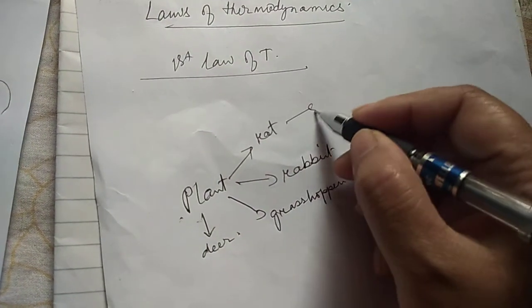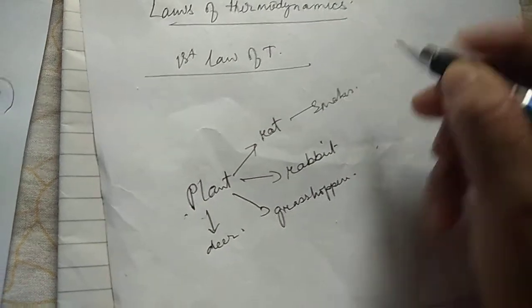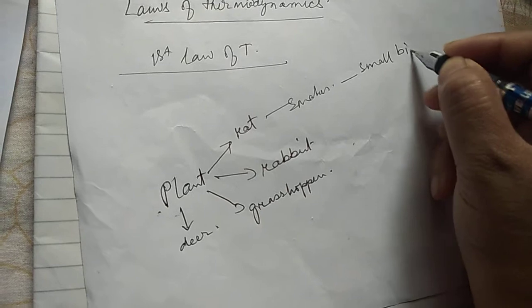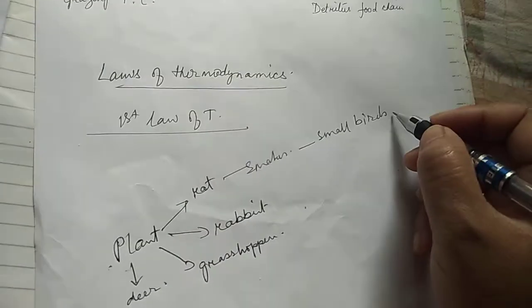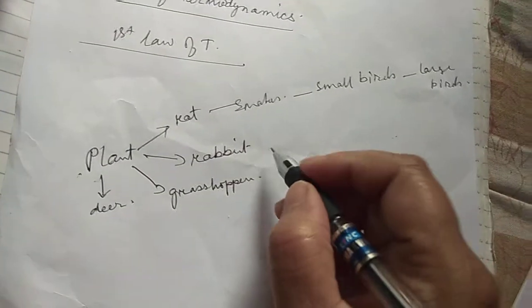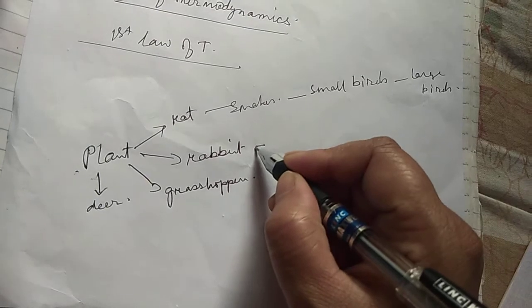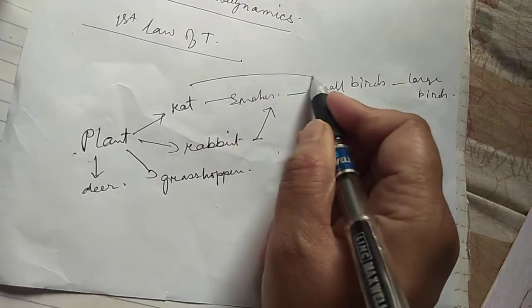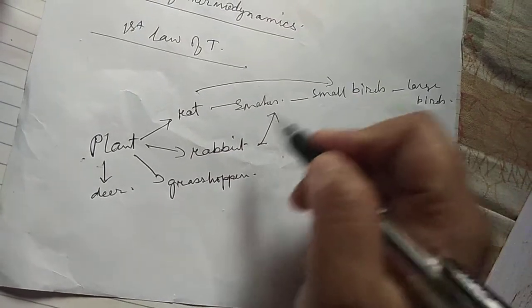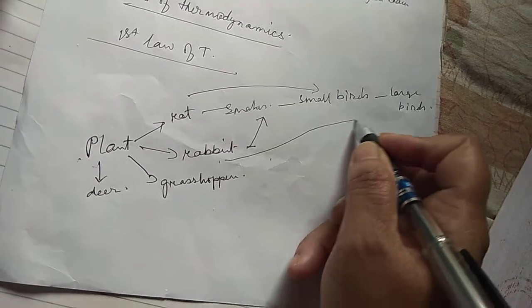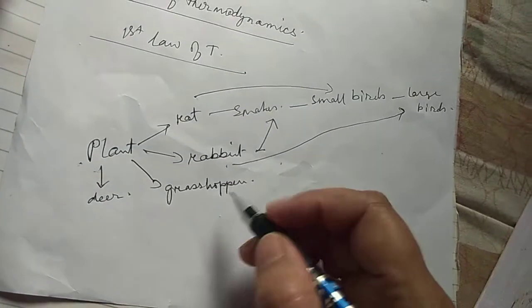Rat is eaten by snakes, small birds, large birds. Rabbit is eaten by snake. Rat is further eaten by small birds. Rabbit can be eaten by large birds.